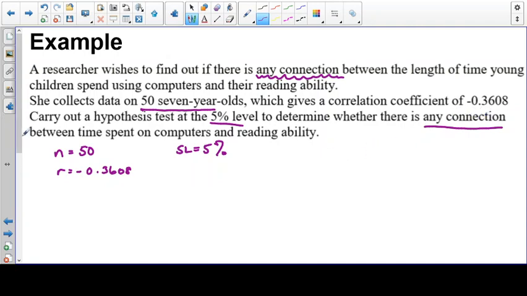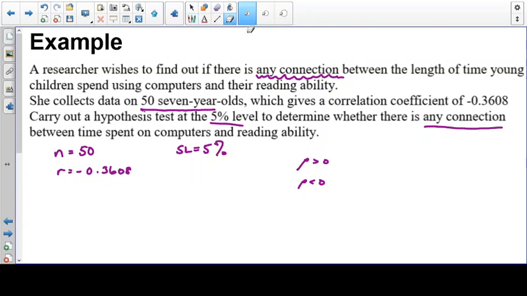The questions, if they're in a context, are often explicit in what they want you to do. So it might say to determine whether there is positive correlation or a positive relationship, in which case you'd have one of them. Or it might say determine whether there is negative correlation or a negative relationship, in which case you'll have one of them.